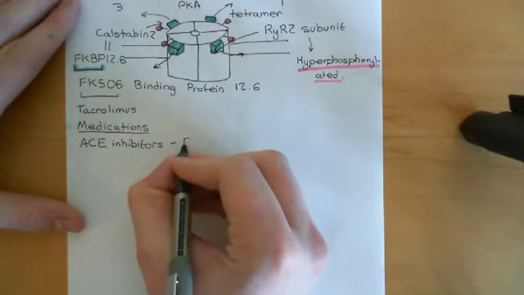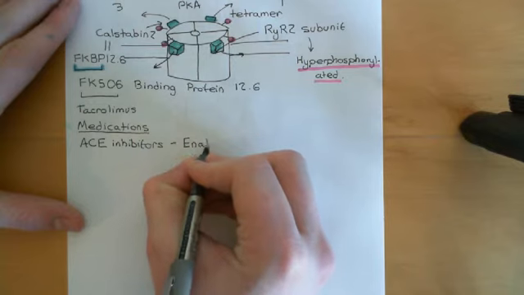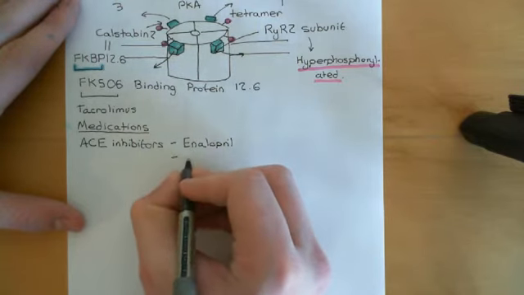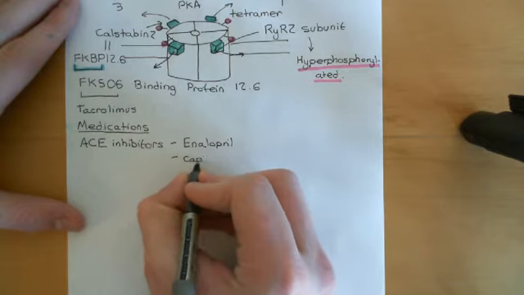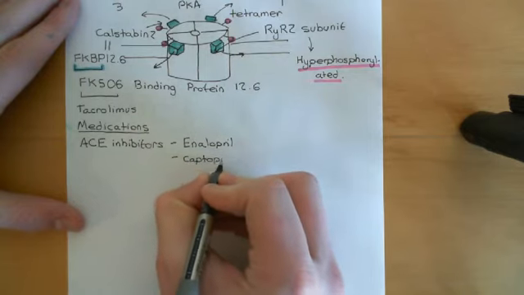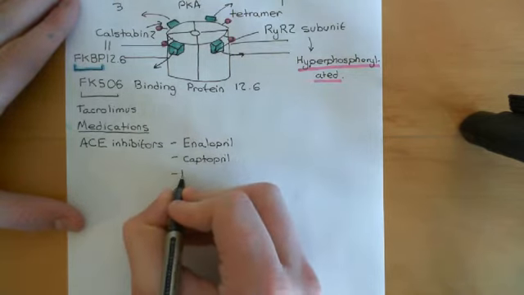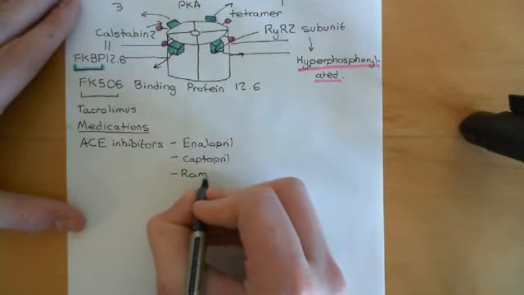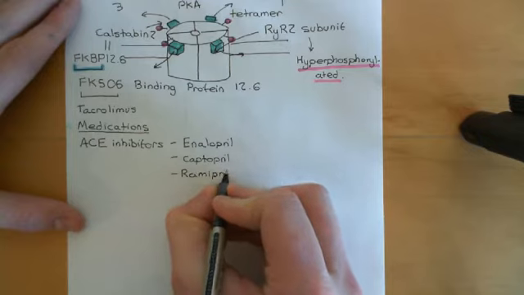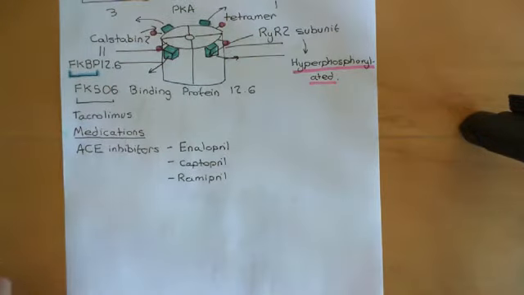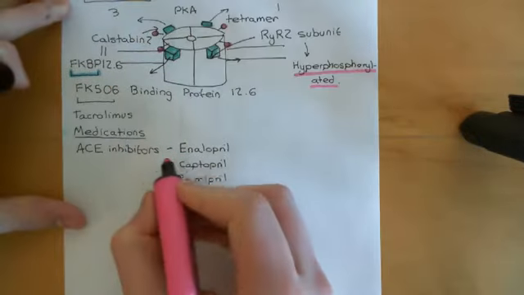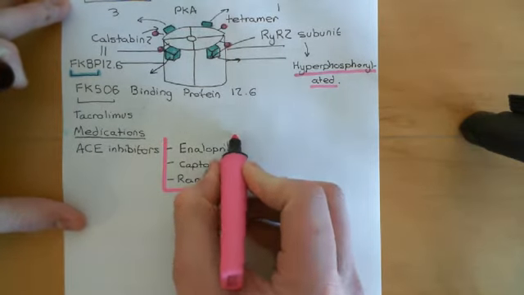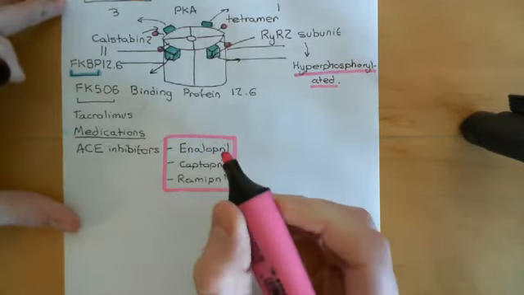We've got enalapril as a good example, captopril is another example, and ramipril is another example. They all end with this four-letter suffix, pril. These are all very famous drugs, so you can recognize ACE inhibitors nice and easily by the suffix pril.